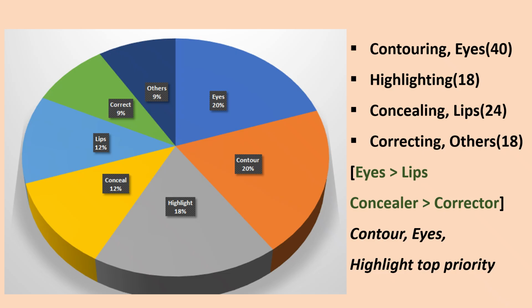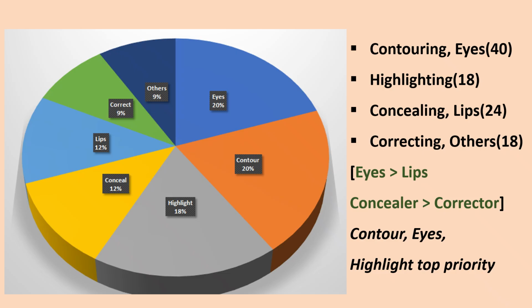Whereas concealer, you can use more liberally, more generously. That's the reason why concealer gets 12%, corrector gets 8 to 9%. Minimal use of corrector, and on very small areas.